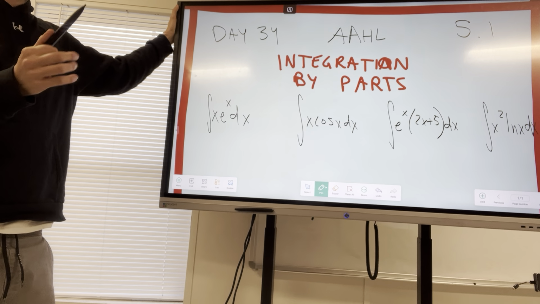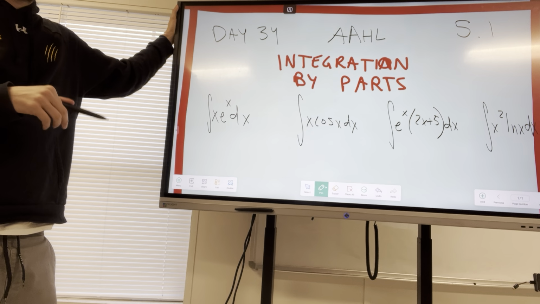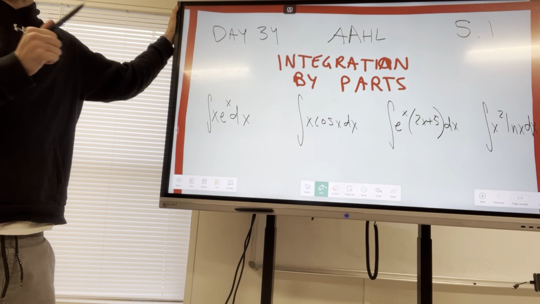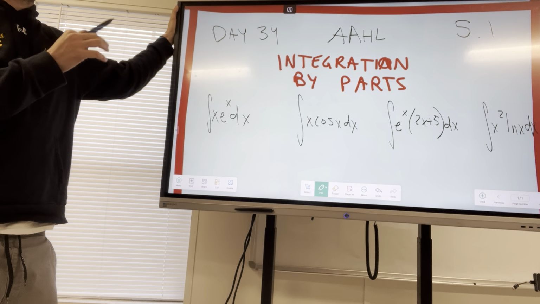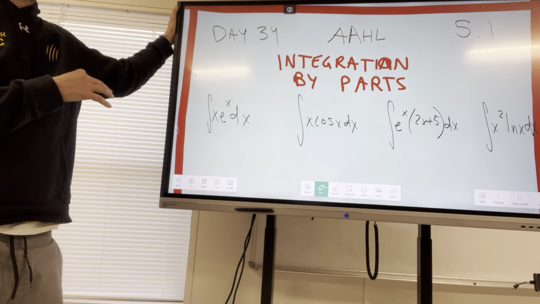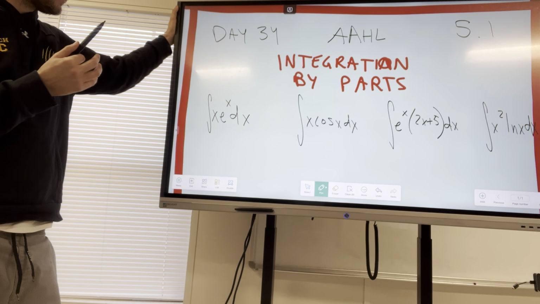All of these have the problem of there being 2 things multiplied together and we're just stuck. One is not the derivative of the other. We cannot multiply them together to make it nicer.